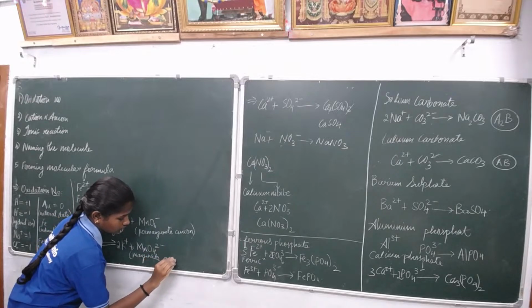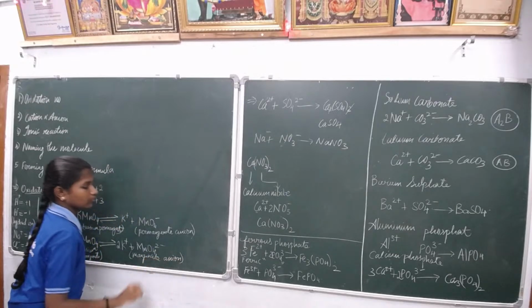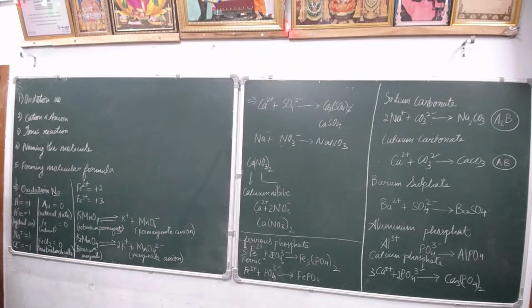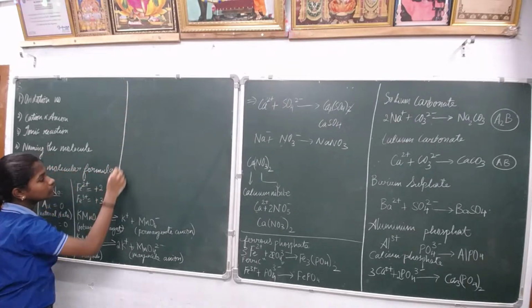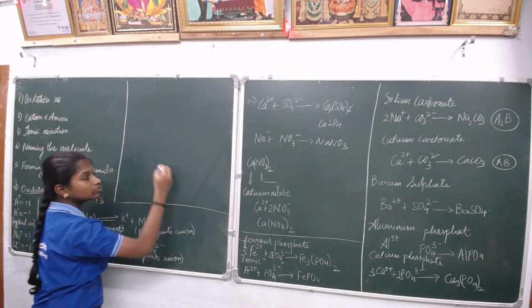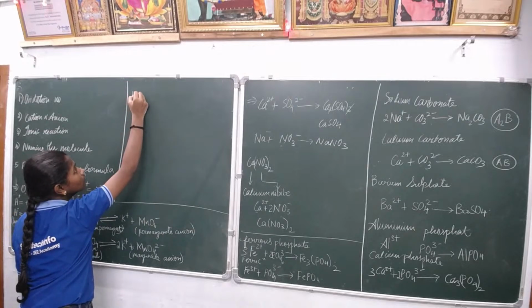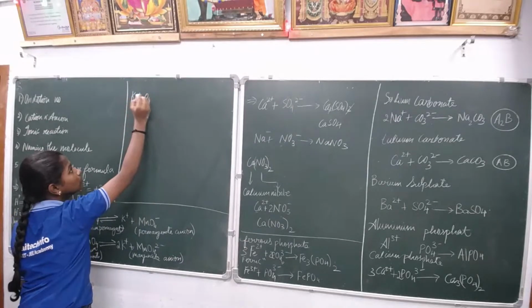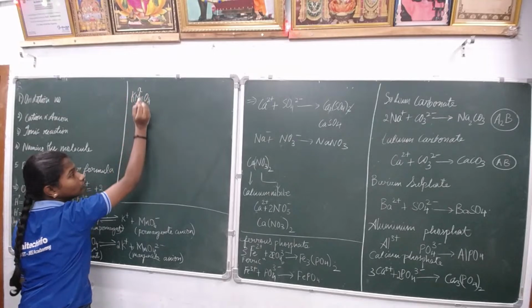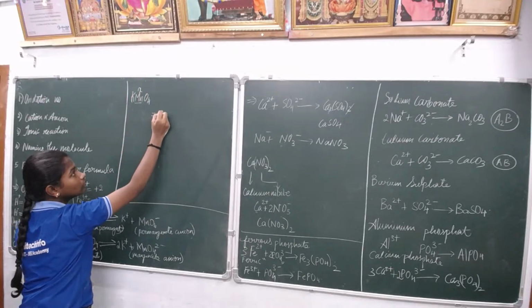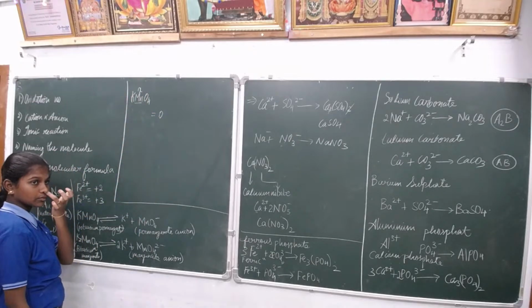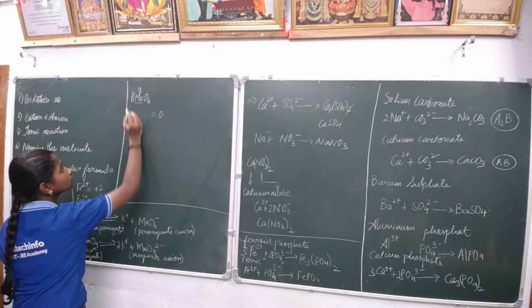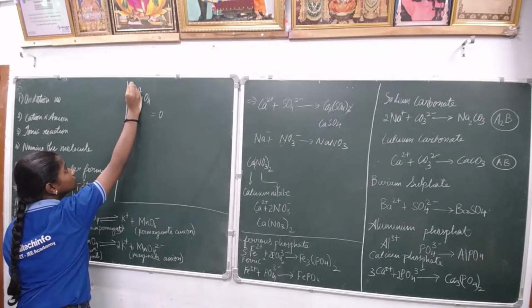Now, I want to determine the oxidation state of manganese in potassium permanganate. Put X for this. We know the net oxidation number is 0 for any neutral molecule. For potassium, it is plus 1. For oxygen, it is minus 2.